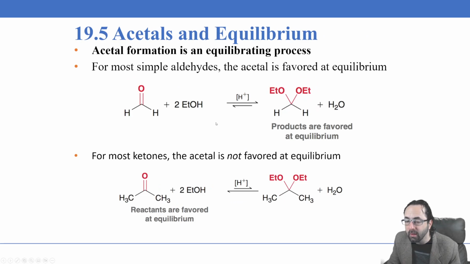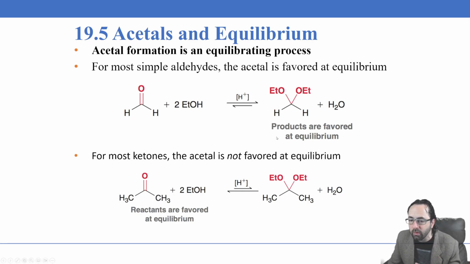Acetal formation is an equilibrium process. If you have aldehydes, the acetal will be favored at equilibrium. So if we react this aldehyde here, formaldehyde, with 2 molecules of ethanol, we will get 2 ethoxy groups ultimately attached to produce our acetal, and this will favor the products here.